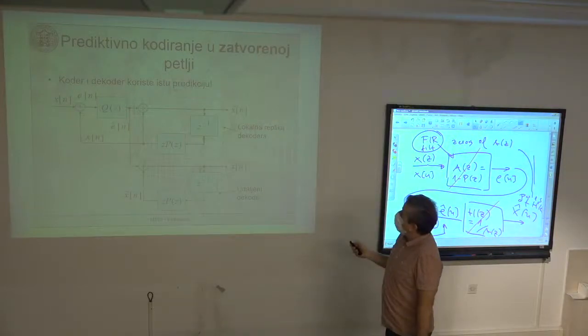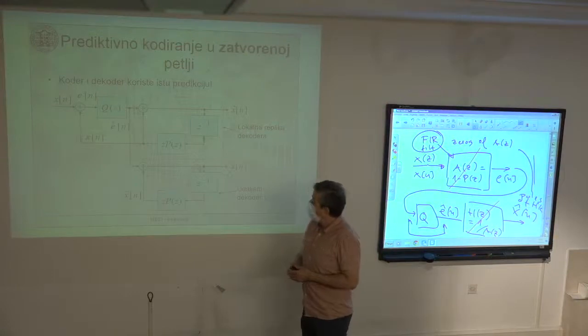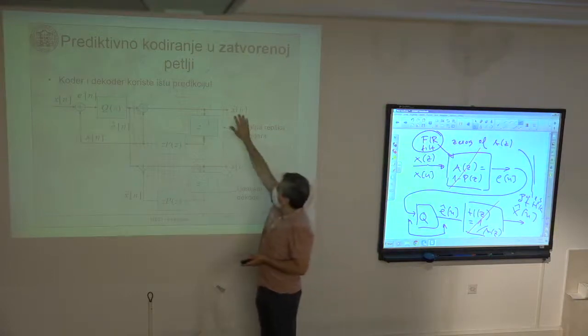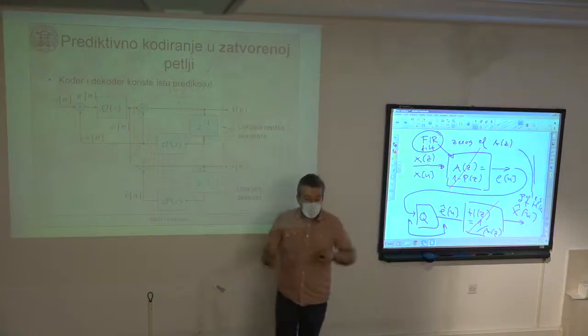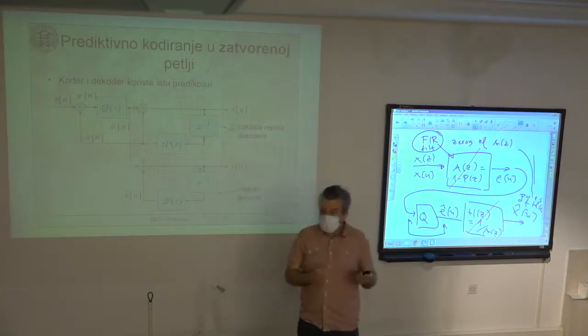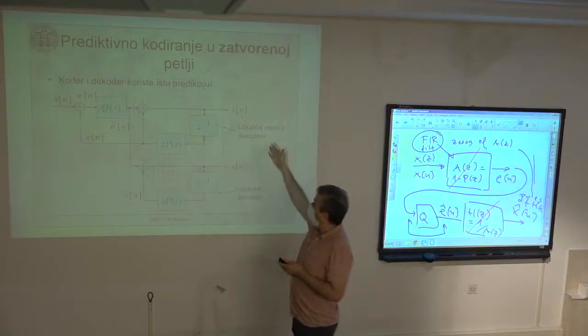as long as this x hat is close enough to the original x, and as long as these correlation properties change slowly, because this is always based on the previous statistics. So this x hat of n are previous time samples and previous correlation statistics. And on the other hand, I want to apply it for the block that comes from that point on.